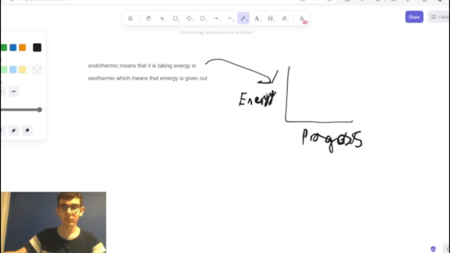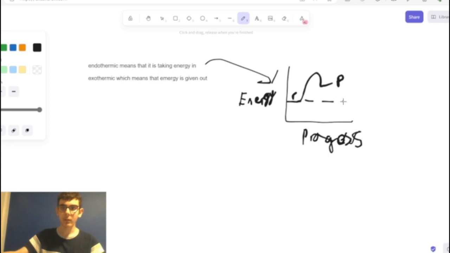Apologies for the writing, it's not easy to write with a mouse. And this is going to be the reactants here, R there. And if energy overall is taken in, then it's got to go like this because the product must be higher than the reactant if overall there's energy taken in.